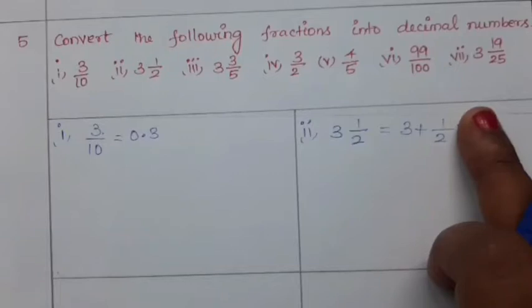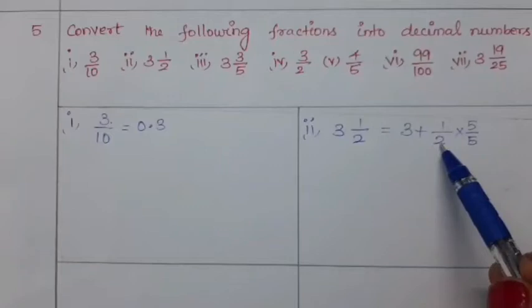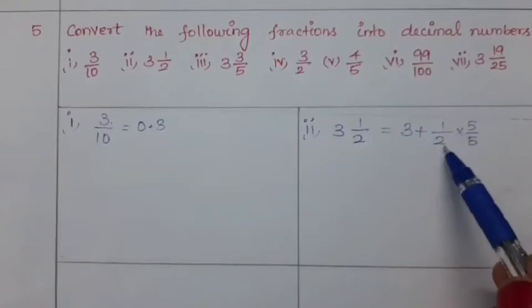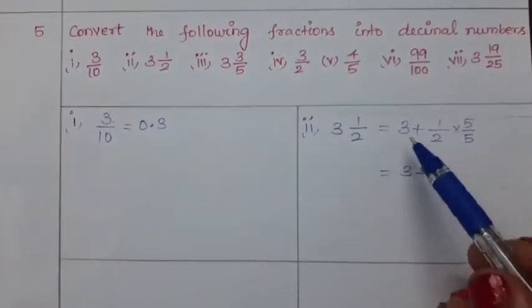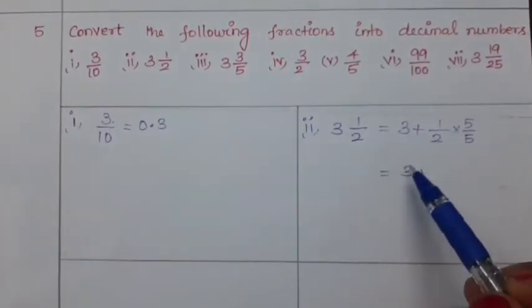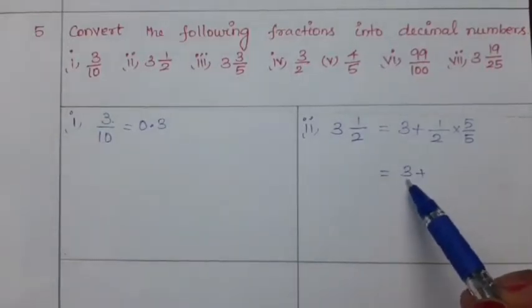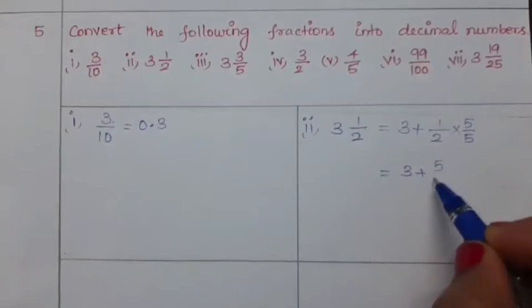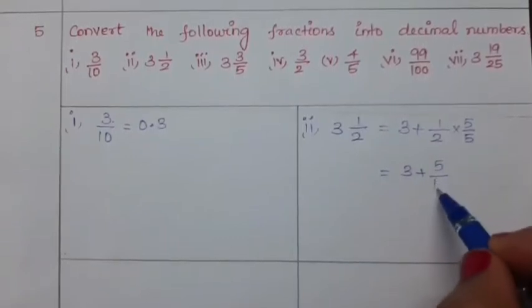Second subdivision 3 1 by 2, which is a mixed fraction. We have to separate that 3 1 by 2 as 3 plus 1 by 2. To make this denominator a power of 10, we should multiply and divide by 5 on both numerator and denominator. Here I have written 3 as it is. 1 into 5, 5, divided by 2 into 5, 10.